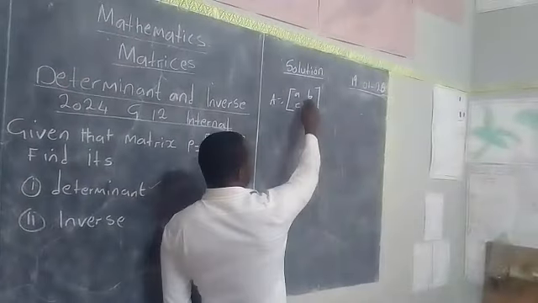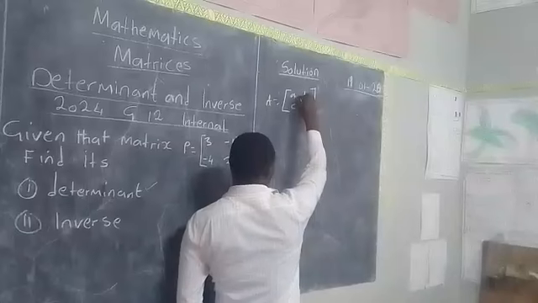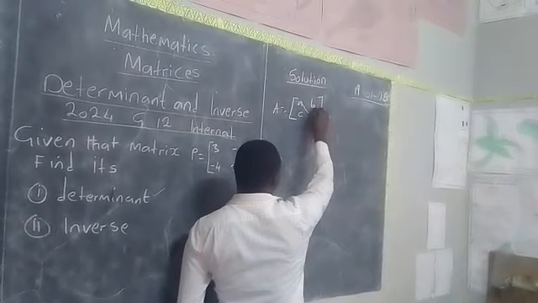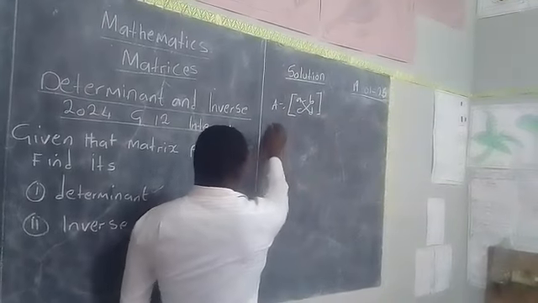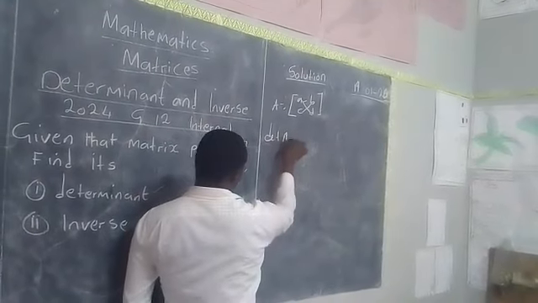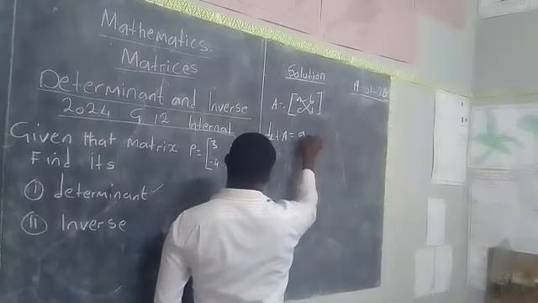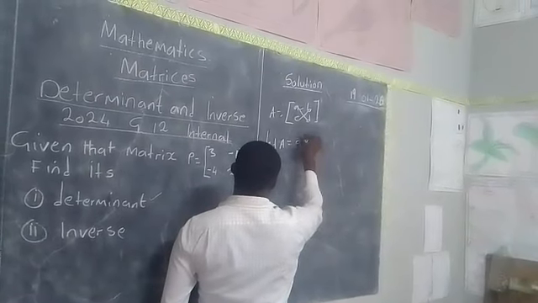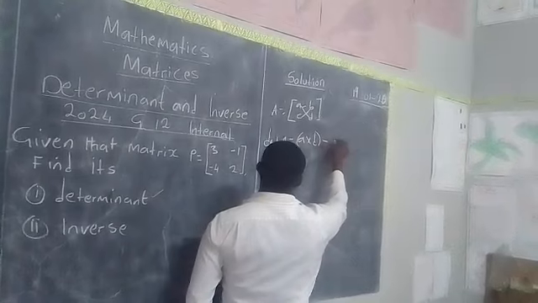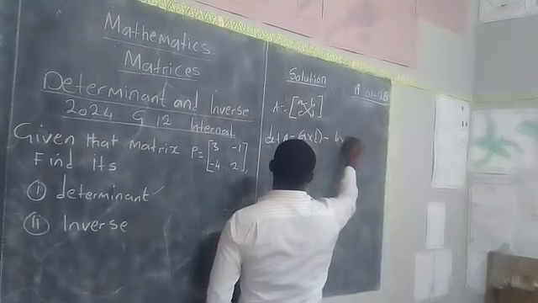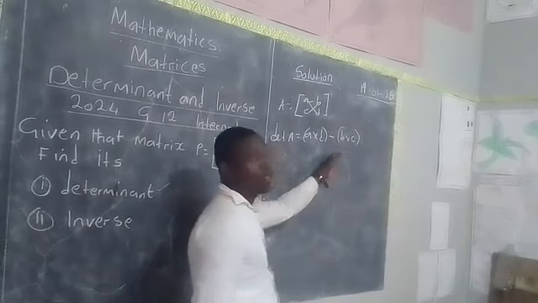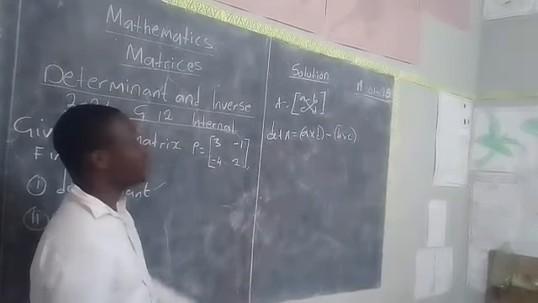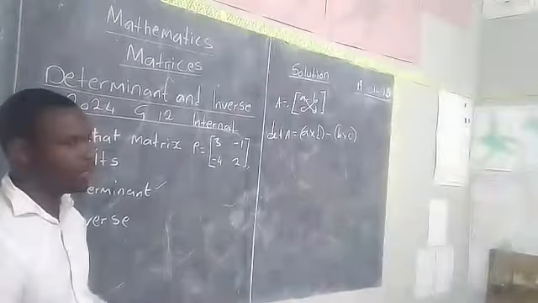You have to multiply these two diagonal numbers opposite: A times D minus B times C. Therefore, the determinant of A is equal to A times D, remember, minus B times C. This is the formula we use to find the determinant of any matrix.